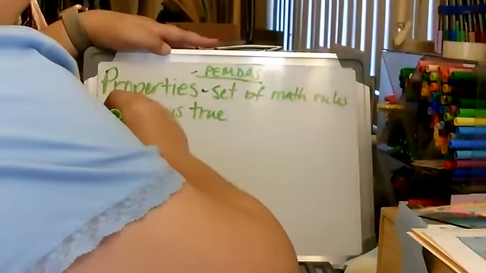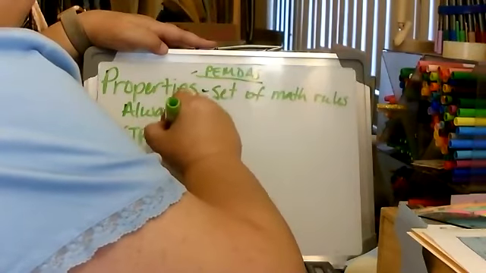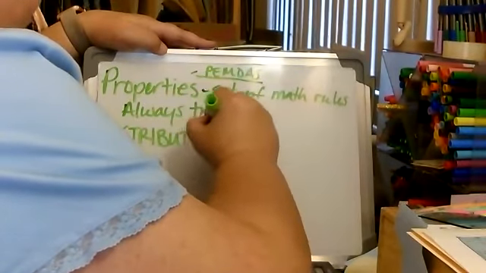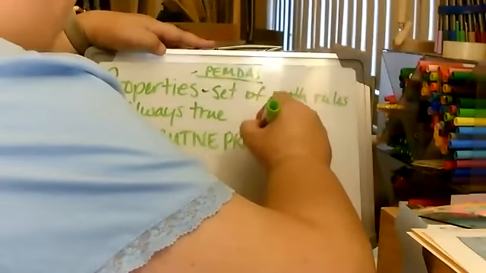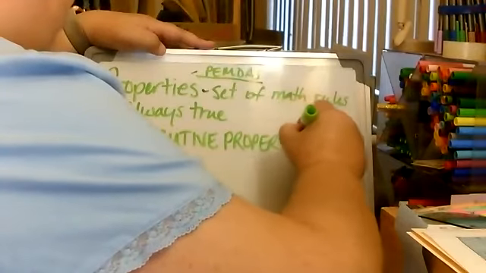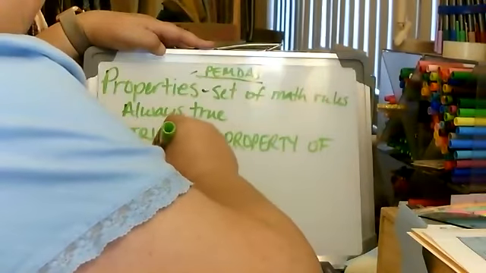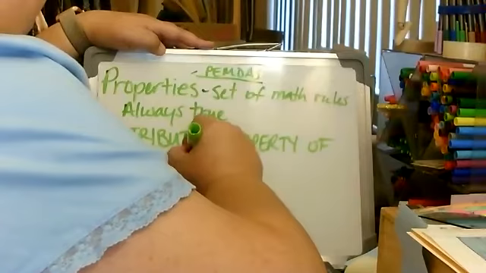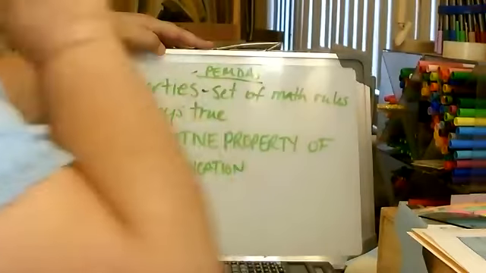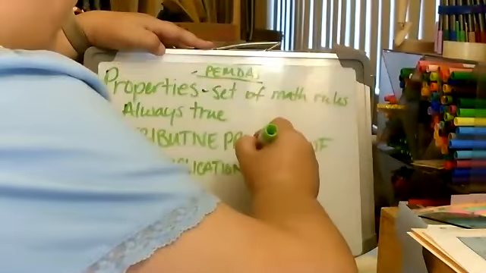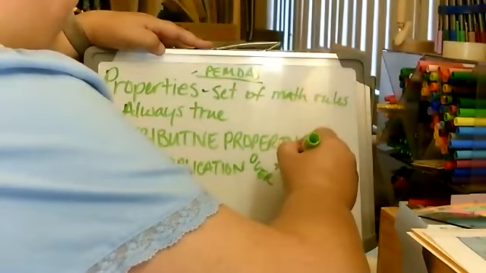Okay, so this is the distributive property of multiplication over addition.